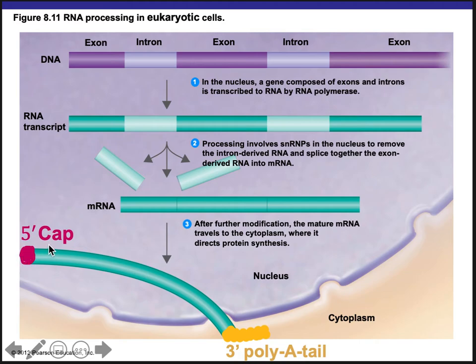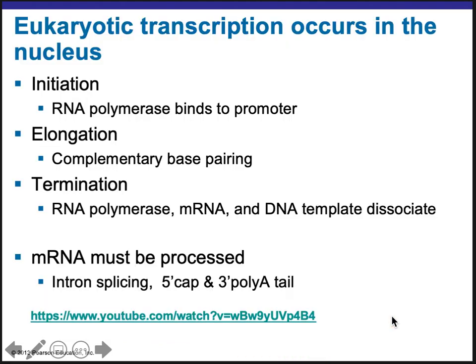But this protects it, and now you have a mature mRNA that's ready to leave the nucleus and get to a ribosome, okay? And so the mRNA, we say, is processed. You have intron splicing to remove the introns. You have a 5' cap and a 3' poly A tail.